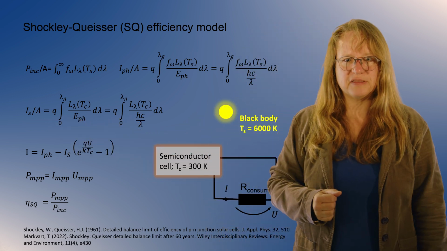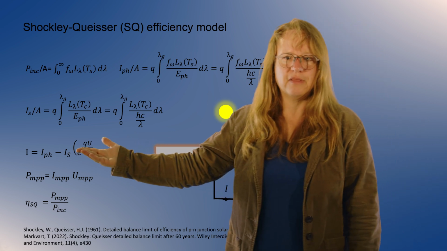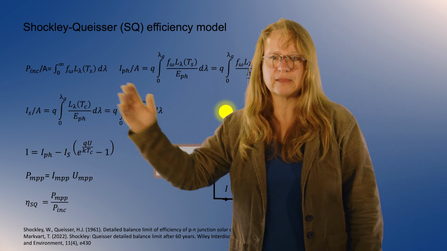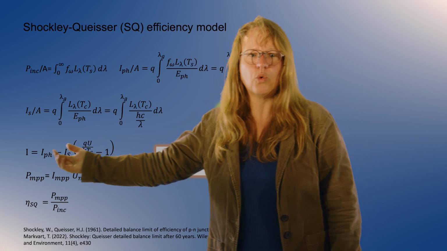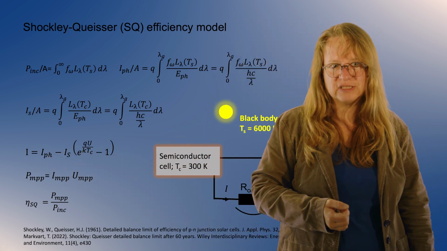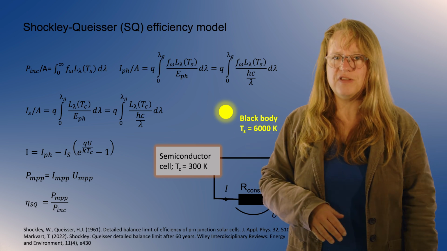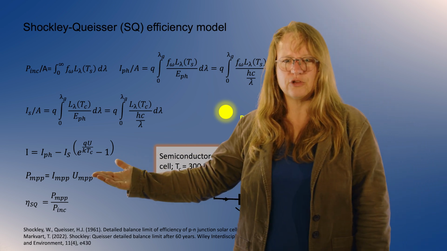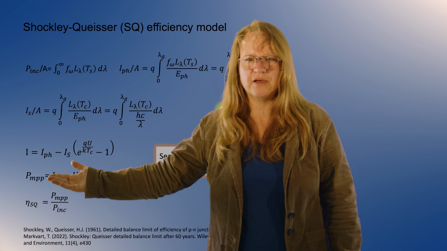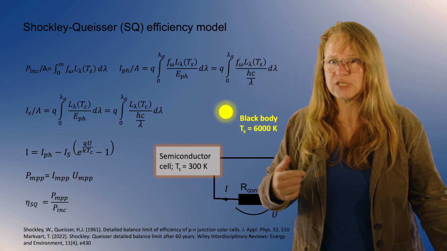Once we have calculated the saturation current, we can then calculate for different voltages U what the corresponding current I is. So we can calculate the IV characteristics. Once we have the IV characteristics, we can calculate the maximum power point. So at which voltage do we have the maximum power?